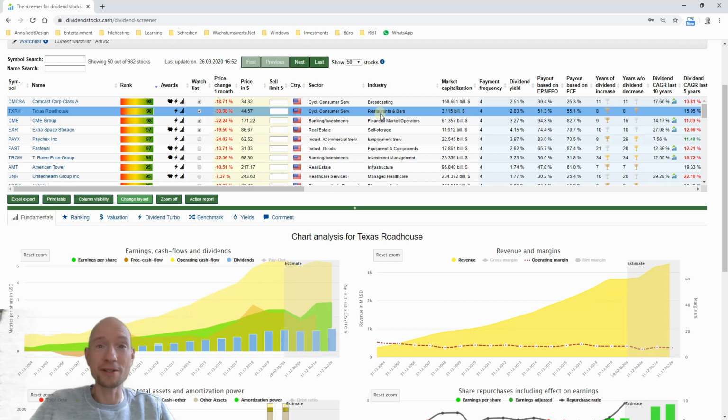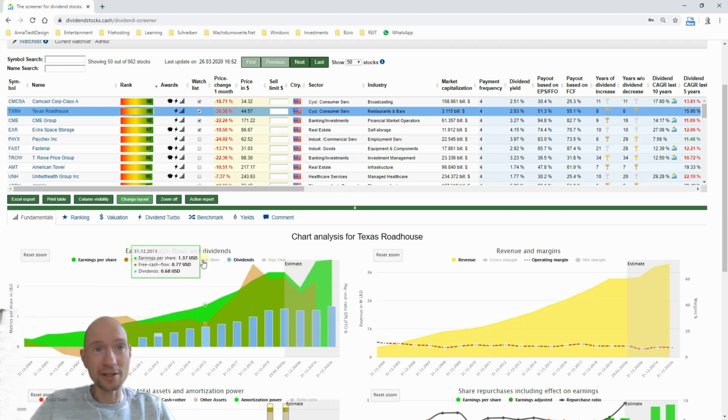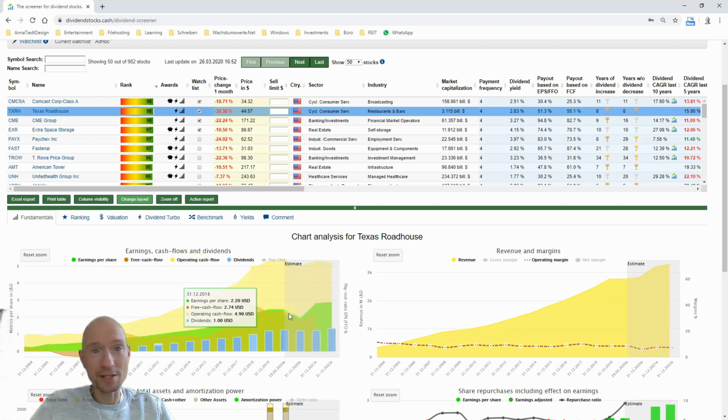It's a restaurant, you can see it here, which means that most of the restaurants, especially in the United States, will be closed, which means revenue will go down. And I think that the estimates start to reflect this, because here we see a decrease not in revenue yet, but in the earnings and cash flows already. So it starts to go down.